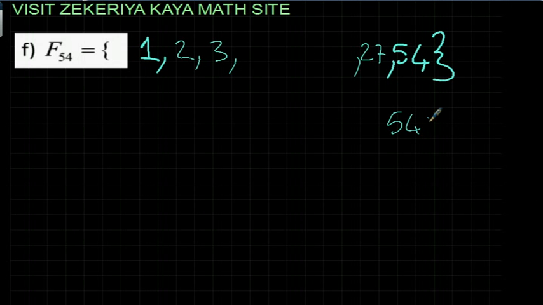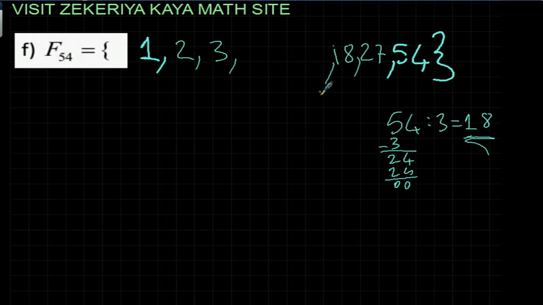Let's find it. 3 times 18 must be there. Do you understand? Yes. Now we must check the number 4.